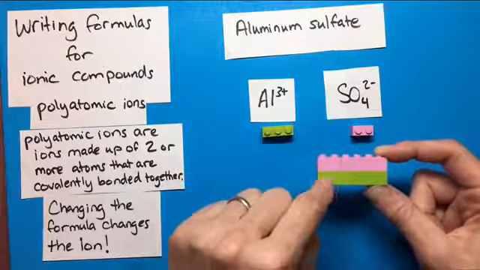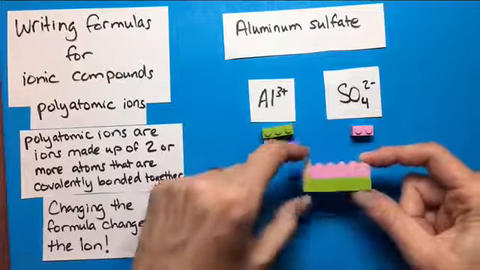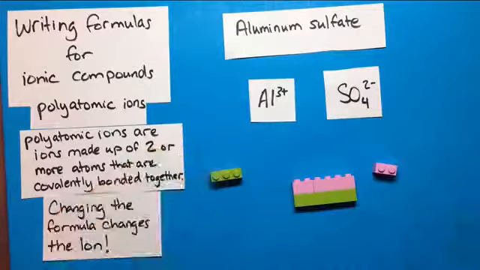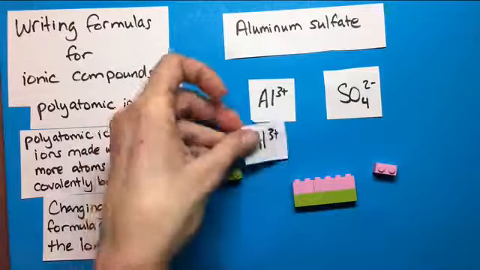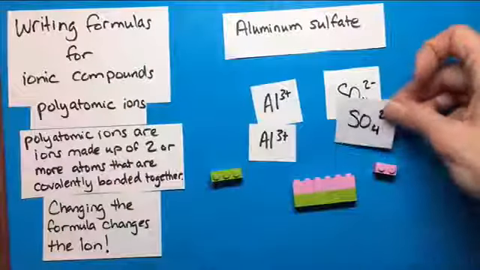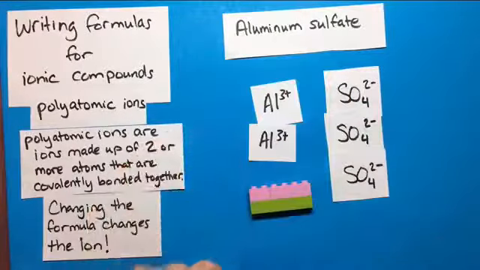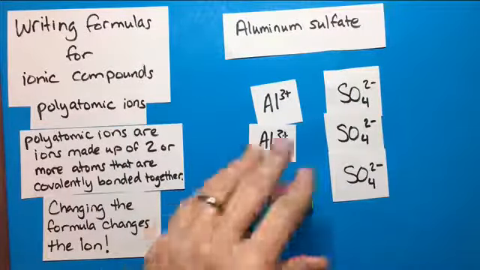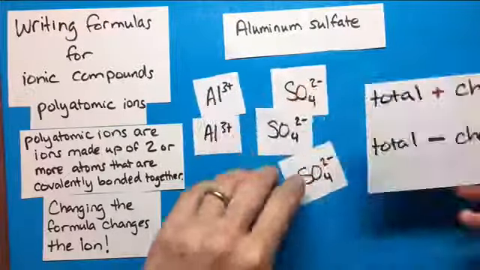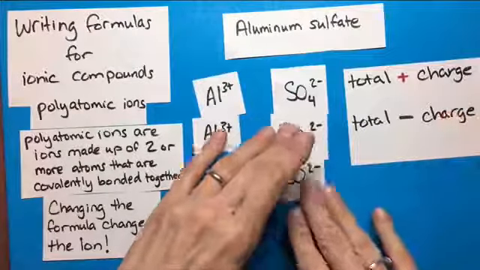When I have 2 aluminum ions and 3 sulfate ions, then my charges balance out. Let's just check to make sure our positives and negatives cancel out.